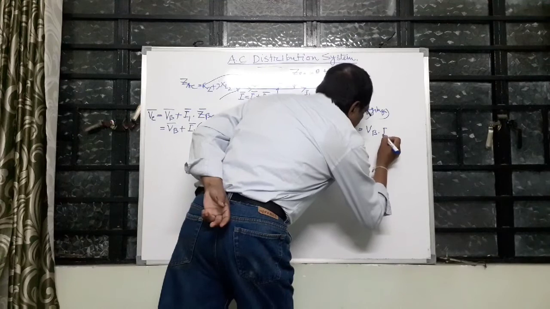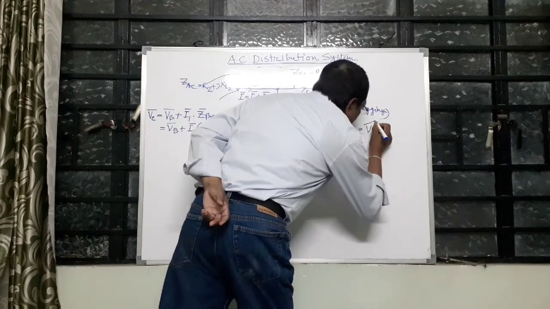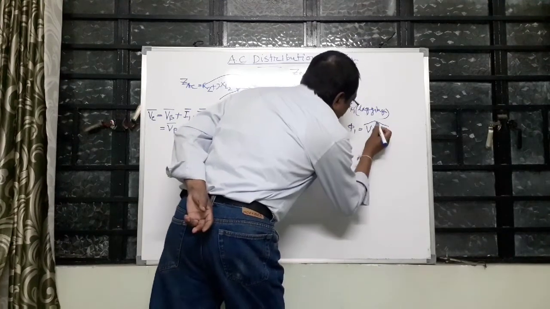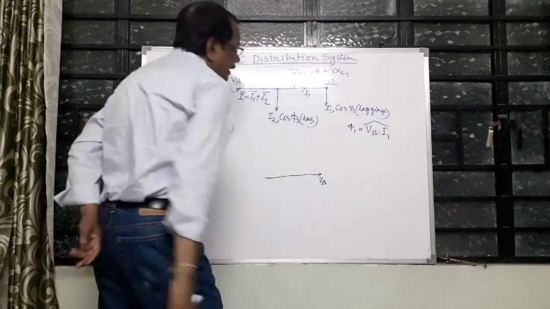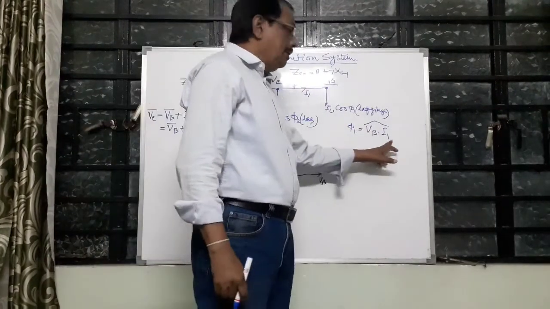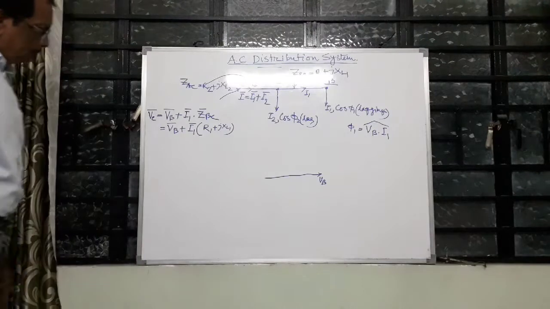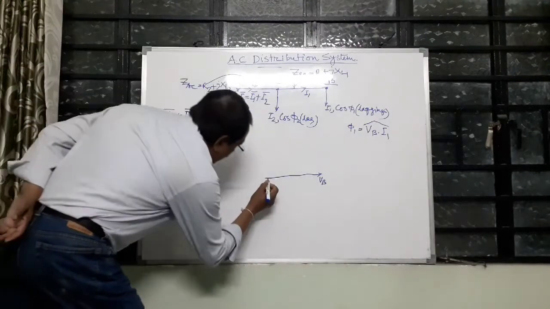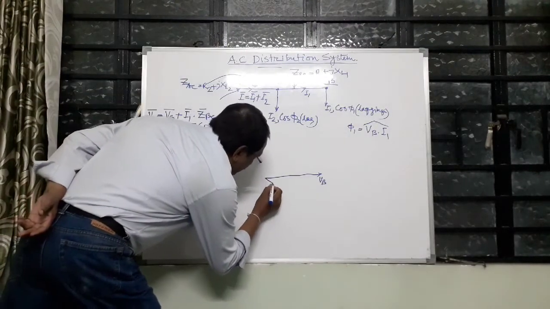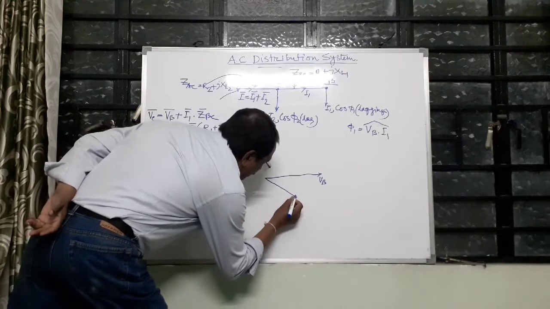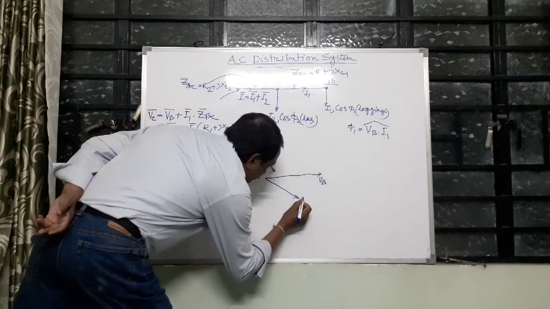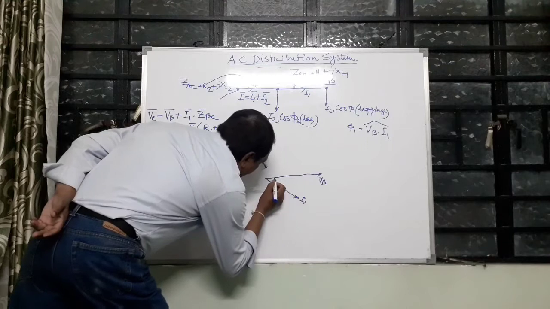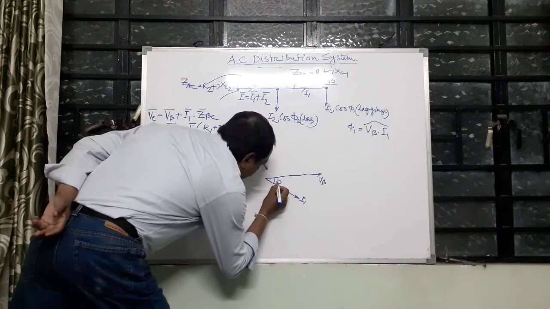Phi 1 is the angle between VB and I1. So at first I1 is drawn lagging at an angle of phi 1.